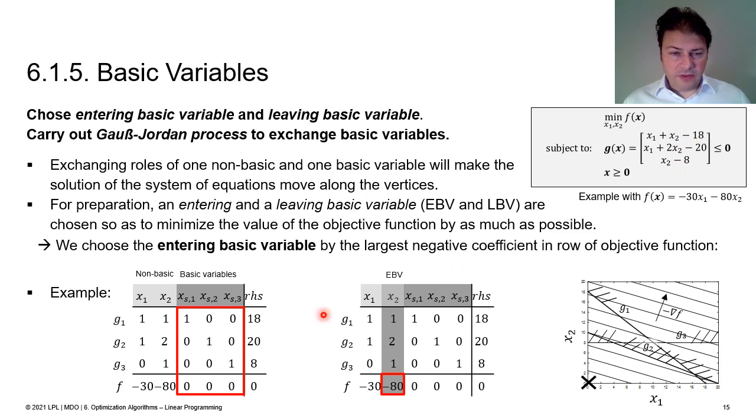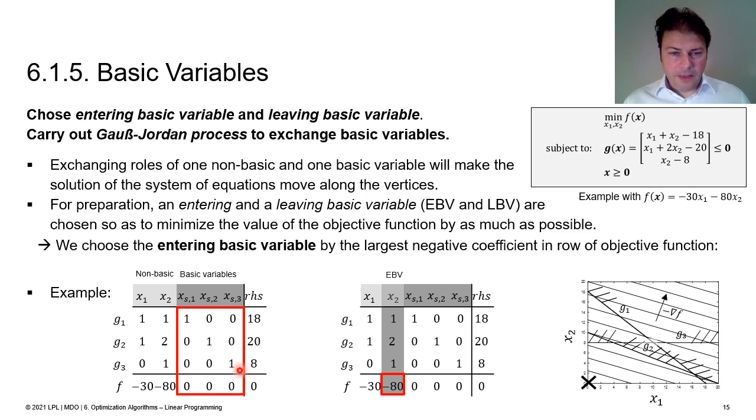We have 3 constraints, therefore we have 3 lines in our simplex tableau. And since we have 3 constraints, we also have 3 slack variables. And in the beginning, all slack variables are basic variables with associated unit vectors underneath.